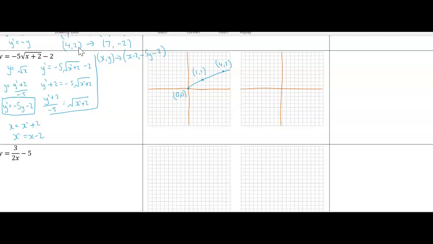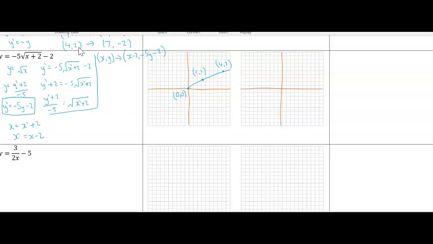Now, when I talk about these transformations, I just want to focus on the y transformation for now. I've got negative 5y minus 2. So remember, your order of transformations is important because if I said the translation first, so I've shifted down 2, and then I said a reflection and a dilation, you're going to get it wrong.